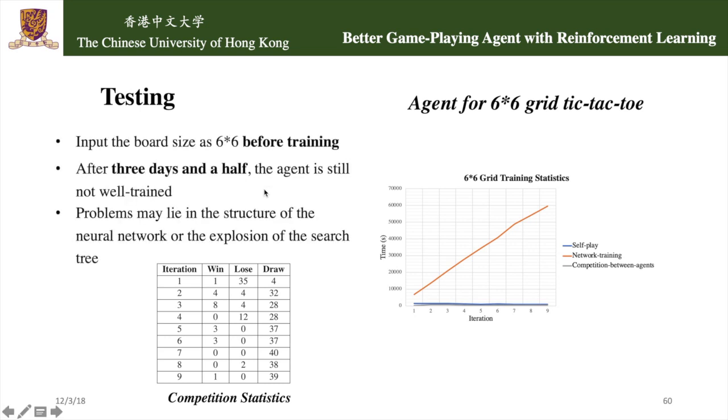I also trained an agent for a 6x6 grid tic-tac-toe, but the performance is not very good. So there is some problem here. Maybe the network structure is too simple, so some features are lost, or since I don't use the method exactly as it's used in the Google AlphaGo Zero paper, there may be an explosion of the search tree.